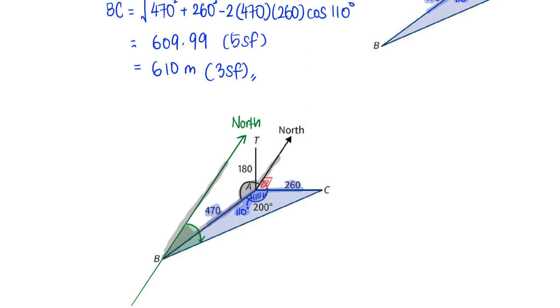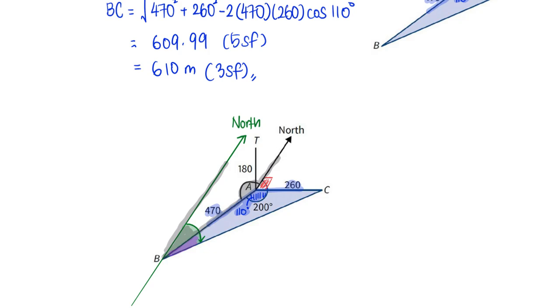So that will be the first part. Second part, I will need to find angle ABC. Since I already know BC, I could apply cosine rule again, or I could also make use of sine rule to find this purple angle ABC. Then I add them out. So there are two parts to this.